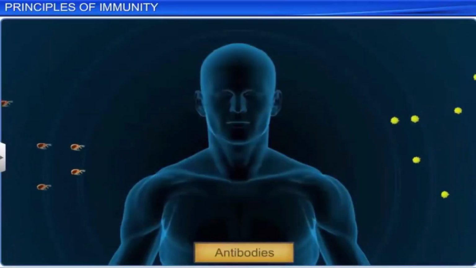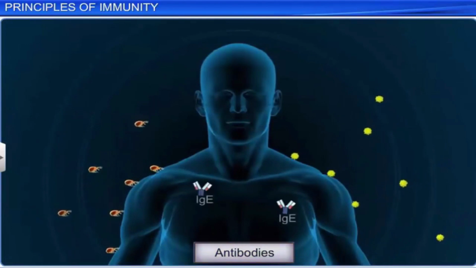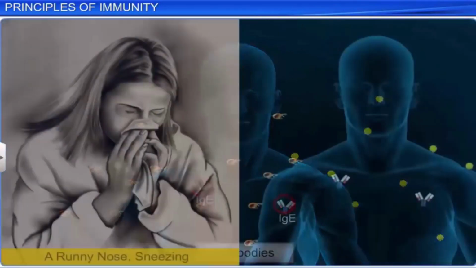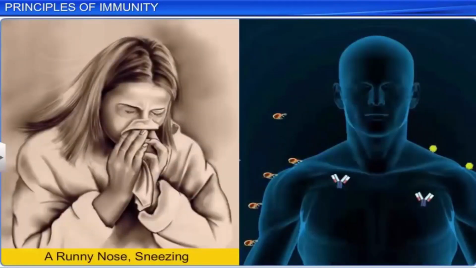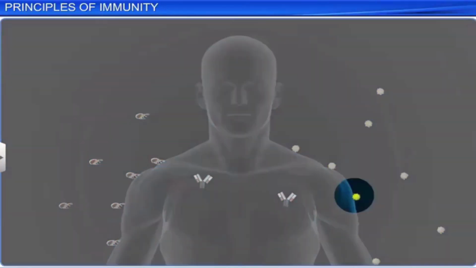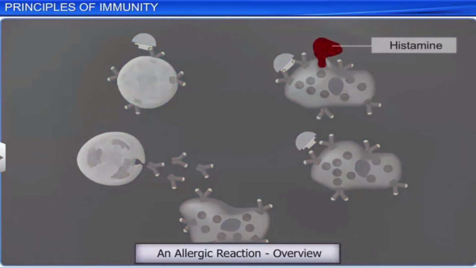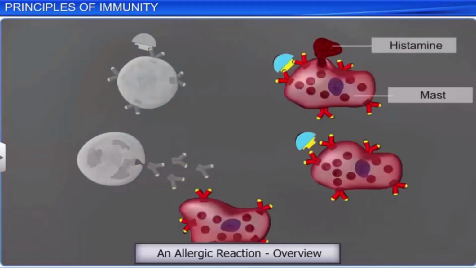The antibodies produced against these allergens are usually the IgE type. A runny nose, sneezing, watery eyes, and difficulty breathing are common symptoms of allergic reactions. An allergic reaction is caused by the release of chemicals like histamine and serotonin from mast cells.